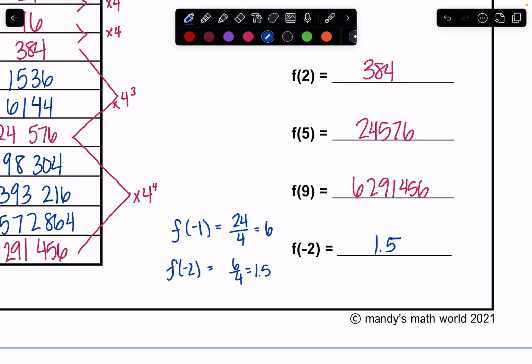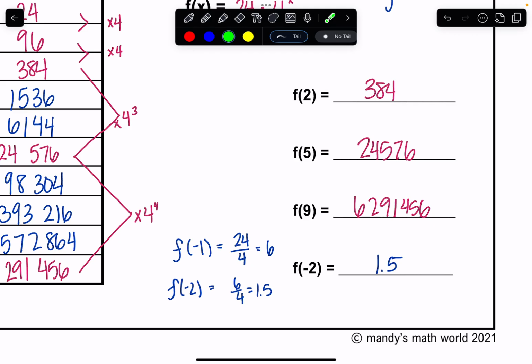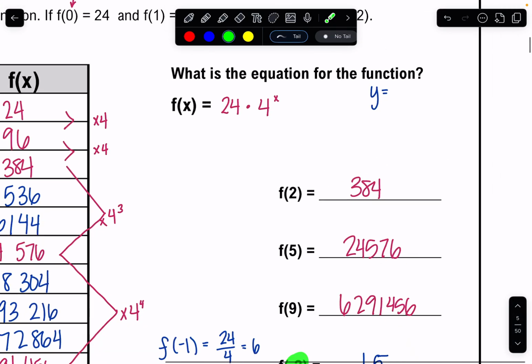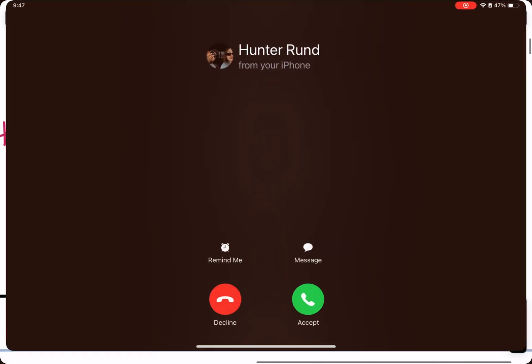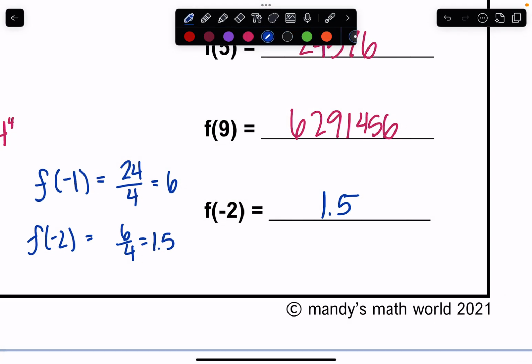Another way to think about this is, what if that doesn't make sense to you, or you're like, I am not going to remember this? Another option, again, is just to always take that number for x and plug it back into the function. So we can just plug that in, right? So 24 times 4 to the negative second power.